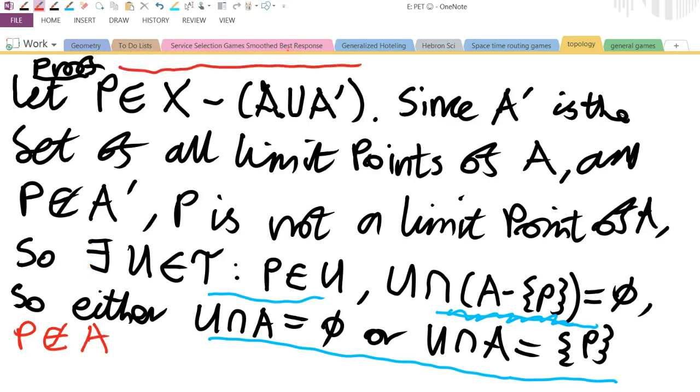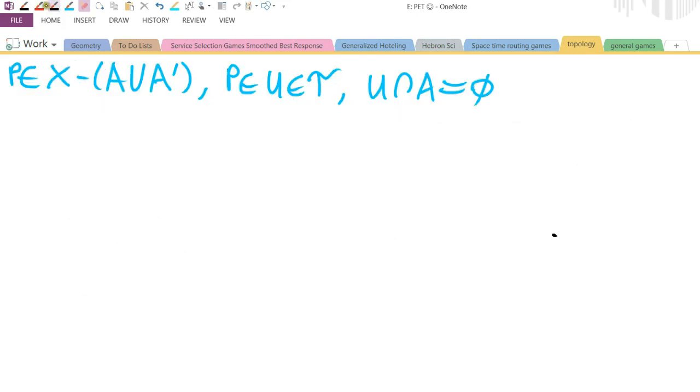So since P is not in A, this just isn't possible. And so we must in fact have that this open set U just doesn't intersect with A at all. Okay, we're getting there now. So we've shown that this open set U around P does not intersect with A.